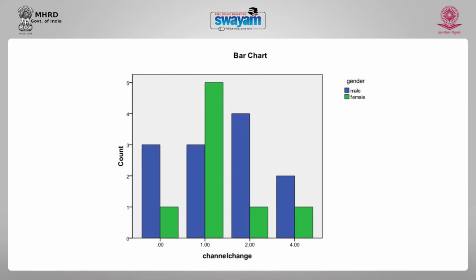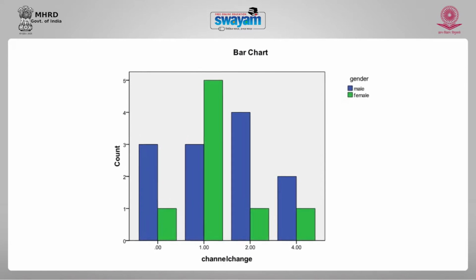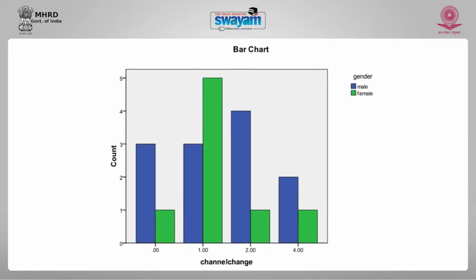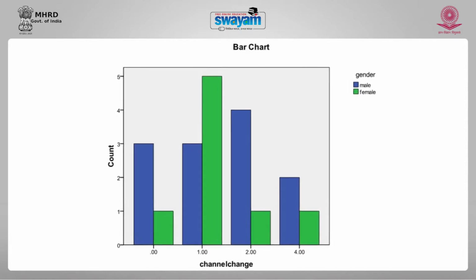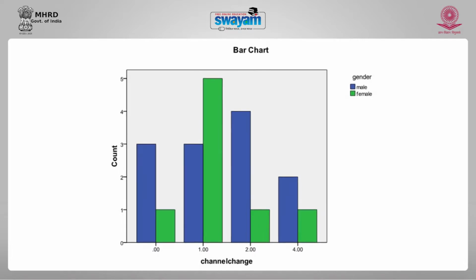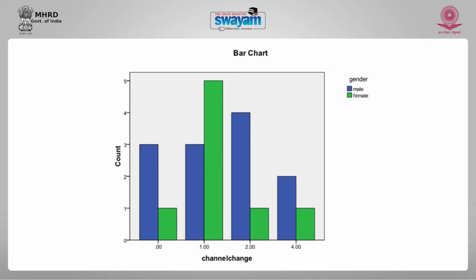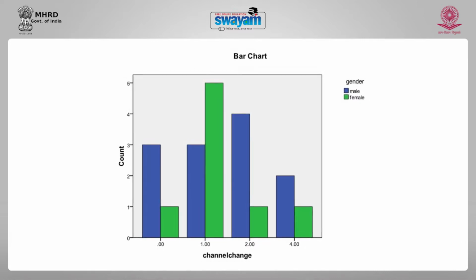It is clear from the bar chart that more males compared to females have not changed the channels, whereas more females have changed once compared to the males.